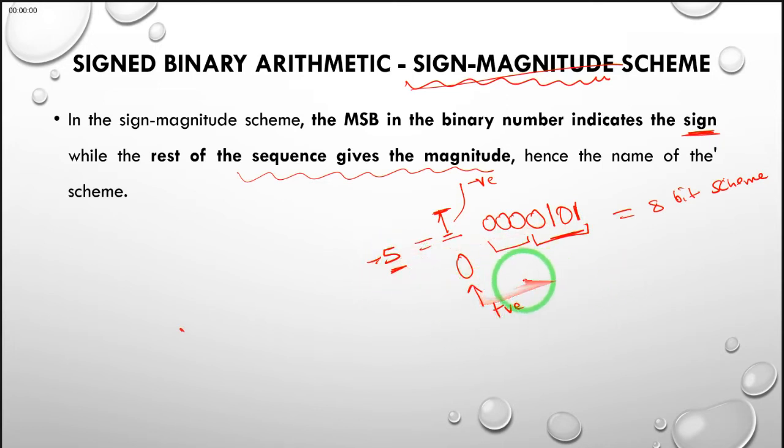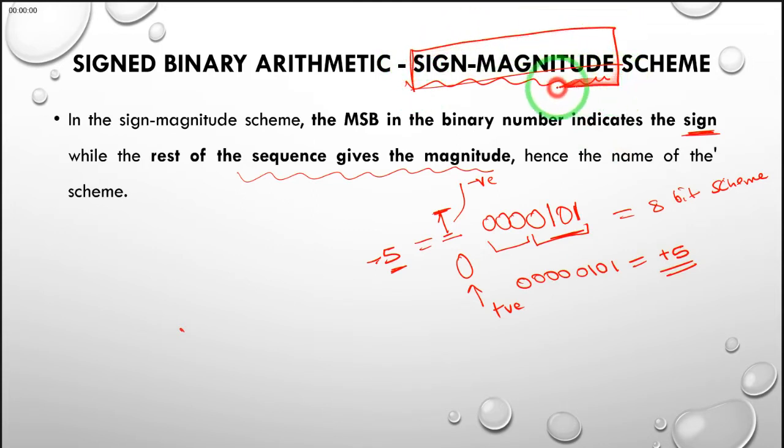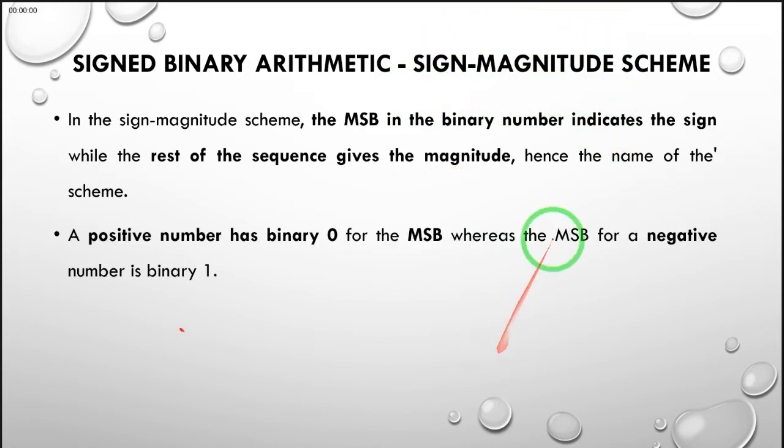So if we find 0, 0, 0, 0, where the leftmost or most significant bit is 0, and then 0, 1, 0, 1, this is equivalent to positive 5 under the signed magnitude scheme. A positive number has binary 0 for the most significant bit, whereas the most significant bit for a negative number is binary 1.